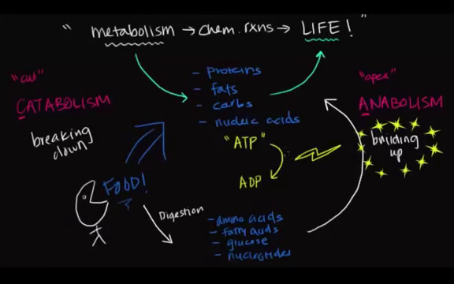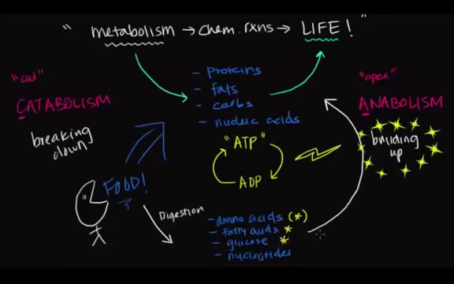Now, in order for this process to continue nonstop in our bodies, ADP must be regenerated into ATP. And that is where food comes in. Remember that we digest our food into subunits, and some of these subunits, such as glucose and fatty acids mainly, but occasionally amino acids, can be used as fuels in our body.